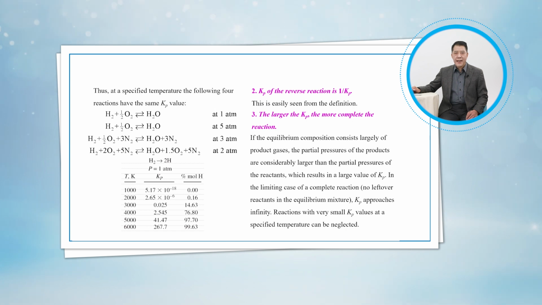In the limiting case of a complete reaction, Kp approaches infinity. Reactions with very small Kp values at a specified temperature can be neglected. A reaction with large Kp is usually assumed to proceed to completion, and a reaction with small Kp is assumed not to occur at all.